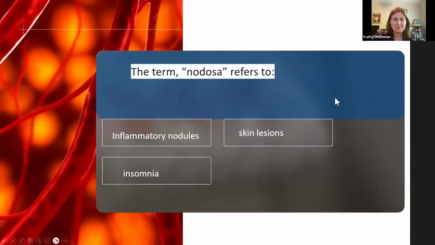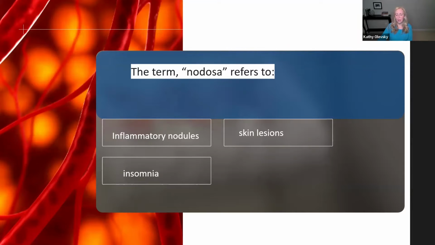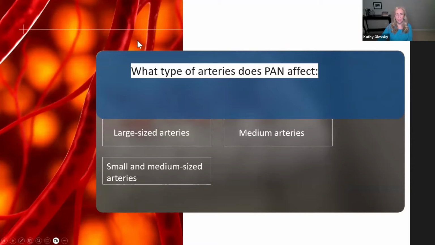The next one is, the term nodosa refers to inflammatory nodules, skin lesions, or insomnia. And the answer is inflammatory nodules. What type of arteries does PAN affect? Large-sized arteries, medium arteries, small and medium-sized arteries? And the answer is small and medium-sized arteries.